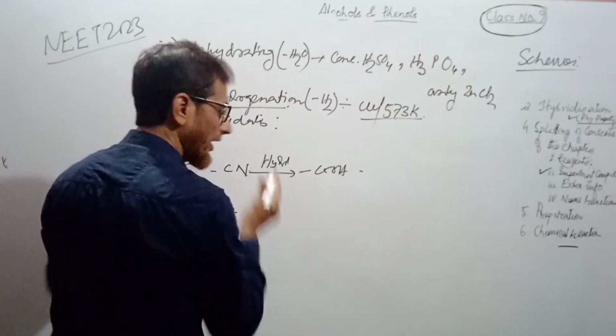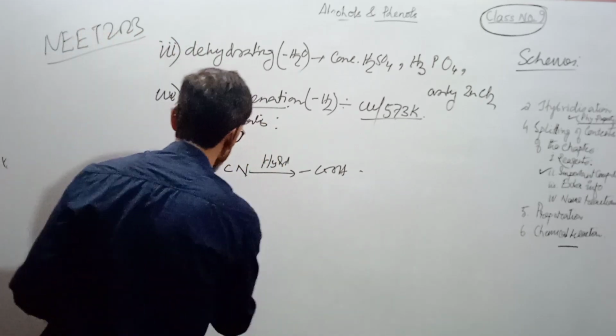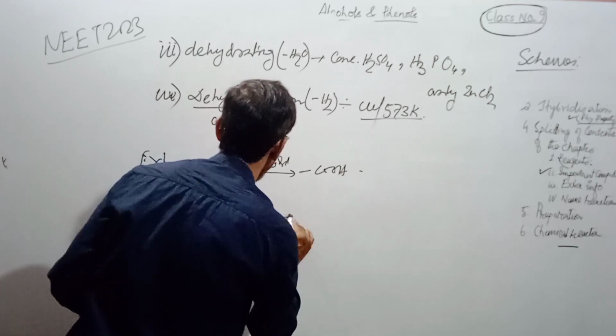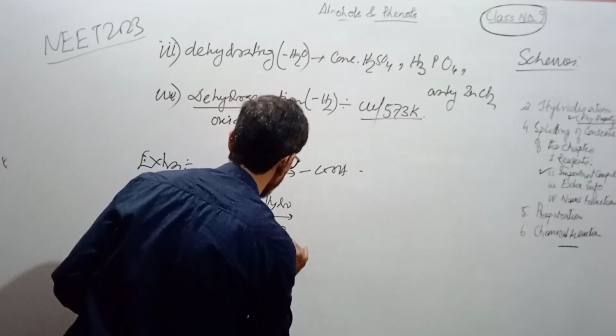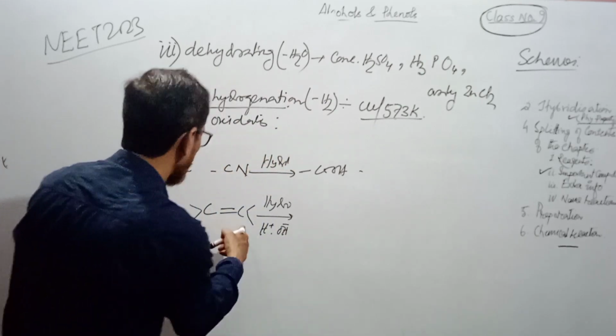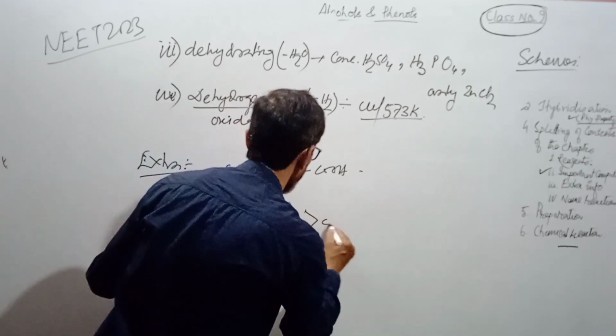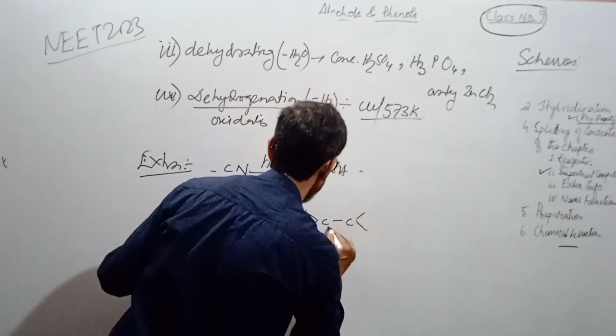And if an alkene group is there and you hydrolyze, meaning water is added like this, one part goes here and the other part goes there.